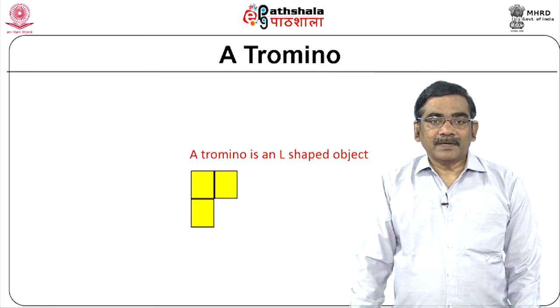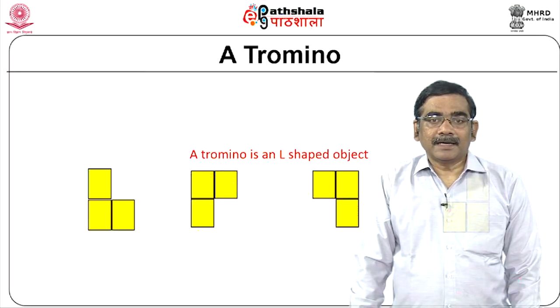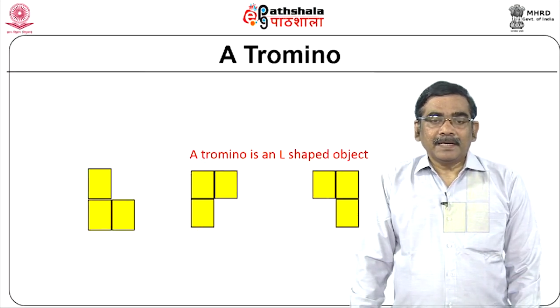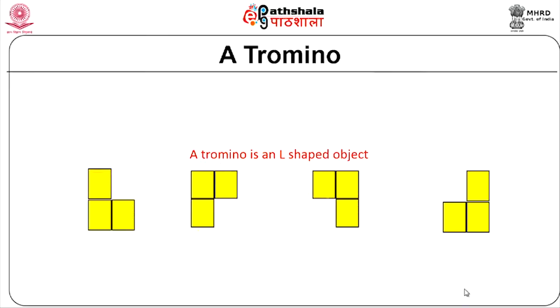You can see very well this is a tromino of L shape where 3 grids are present. This is another tromino, this is another tromino and this is another tromino. In tiling problems you will encounter things like tromino of 3 tiles, pentomino of 5 tiles and so on.